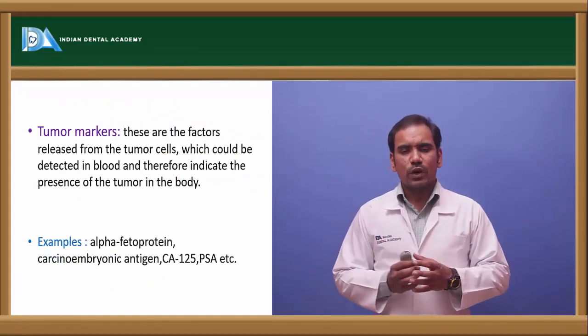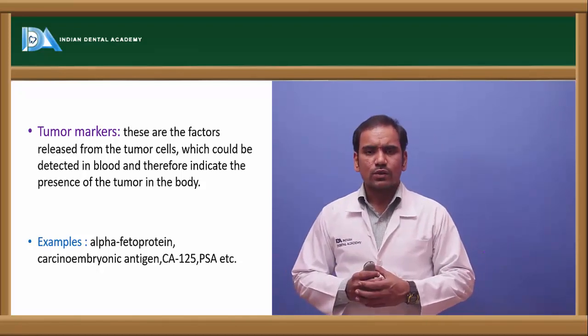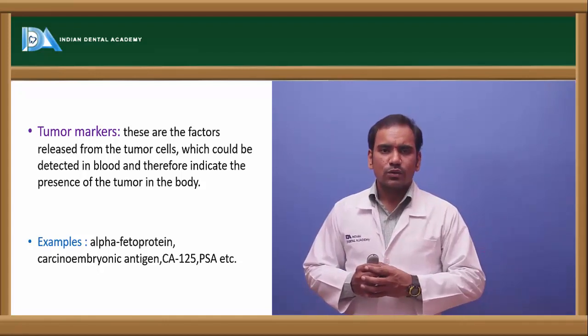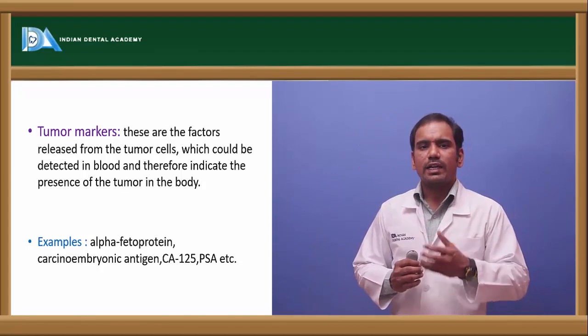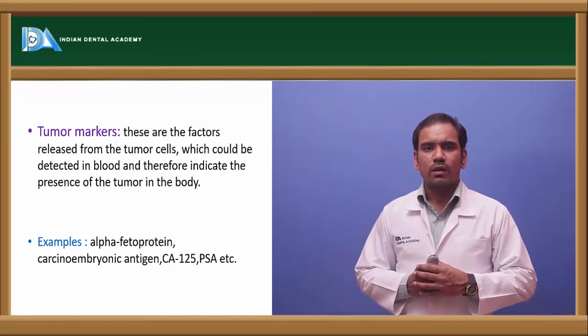So what are tumor markers? When a tumor is formed, it releases some factors which indicate the presence of a tumor in that particular person. These substances released by tumors, indicating the presence or growth of a particular tumor, are called tumor markers.